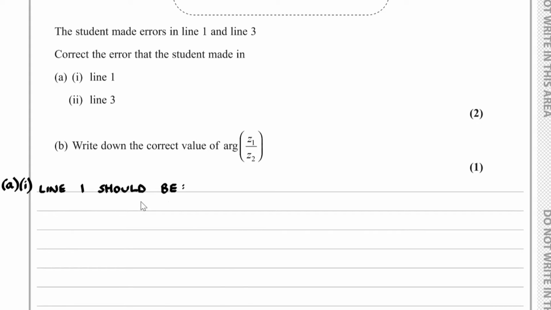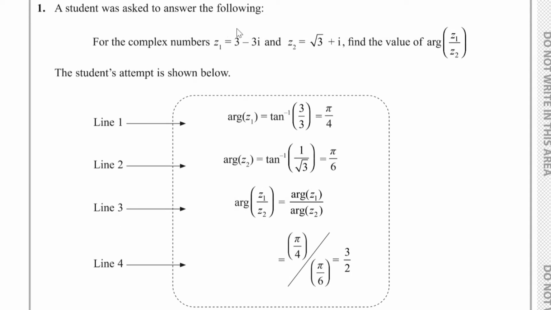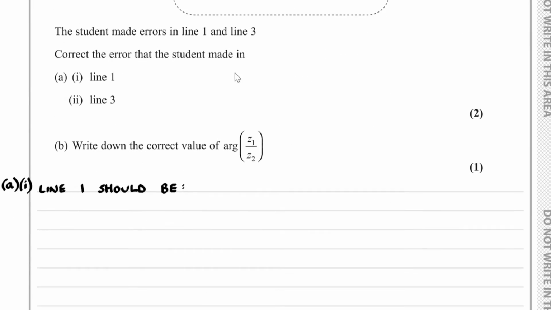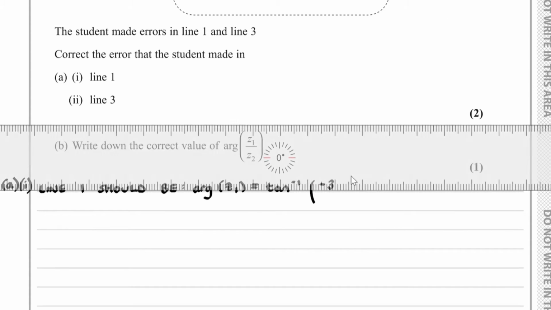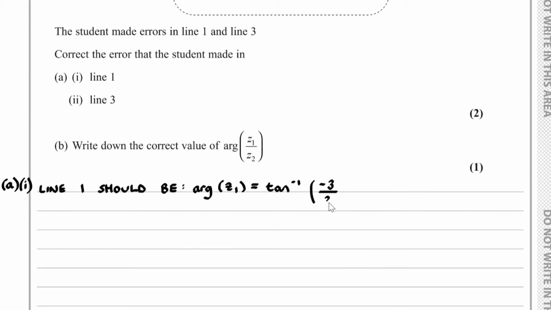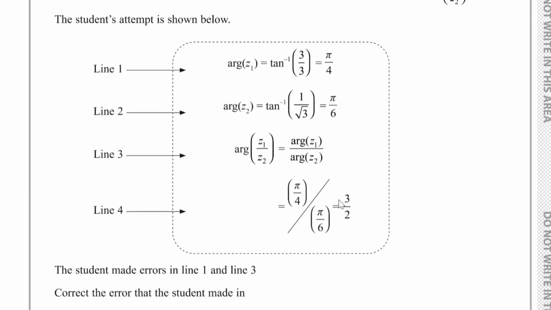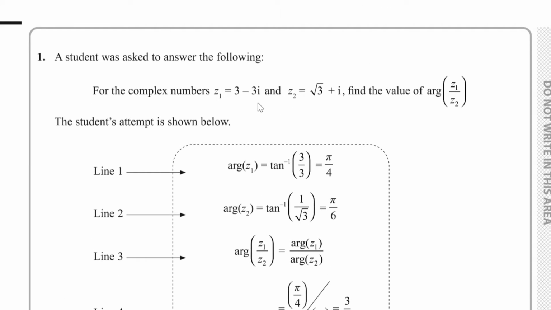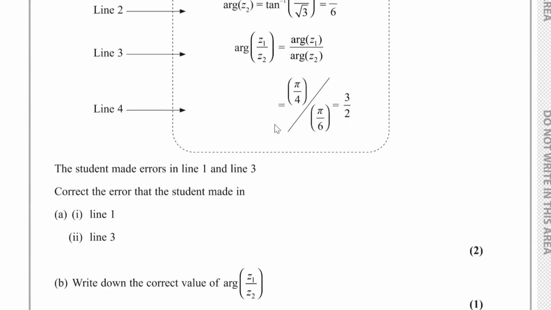Well, line 1 should be, if we take a look at what z1 is, the argument of z1 equals the inverse tangent of negative 3 divided by 3, because the imaginary part is negative 3.